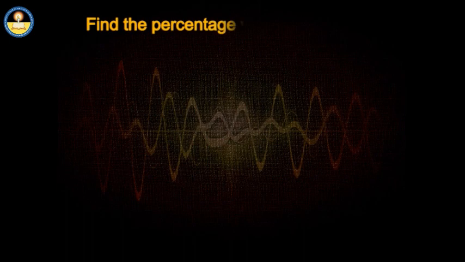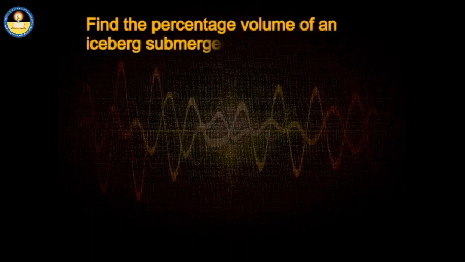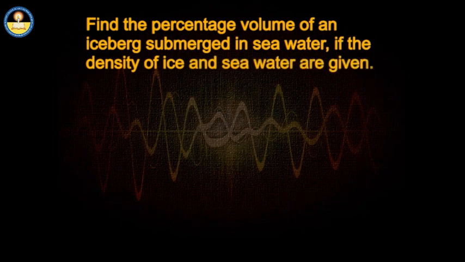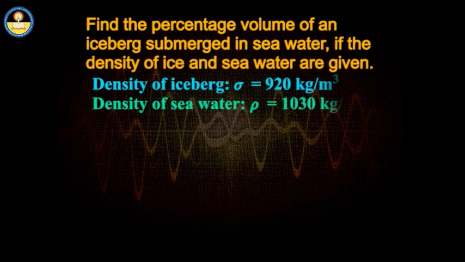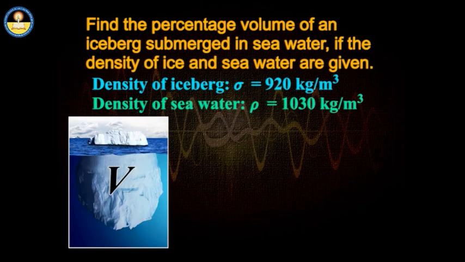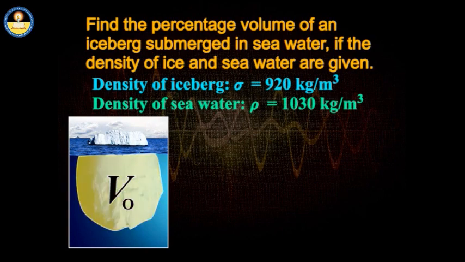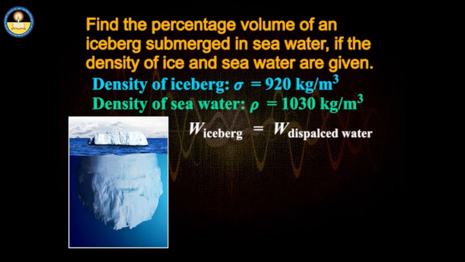In our next problem, find the percentage volume of an iceberg submerged in seawater if the densities of ice and seawater are given. If V is the volume of the iceberg and V0 is the volume of the immersed portion of the iceberg, then according to Archimedes' principle, the weight of the iceberg is equal to the weight of displaced water.